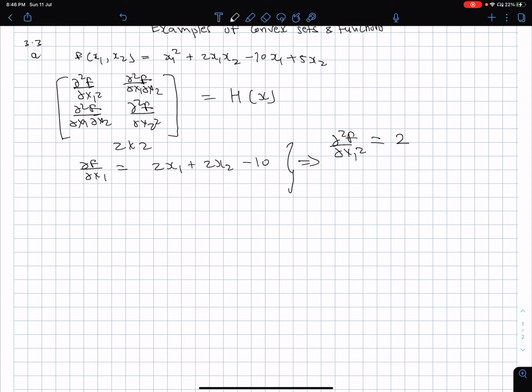And if you take del square f, the partial derivative with respect to x2, which is the same as x1 x2, then taking this partial derivative with respect to x2, no term comes out of here, no term comes out of here, only a term coming out of this place, so therefore 2.